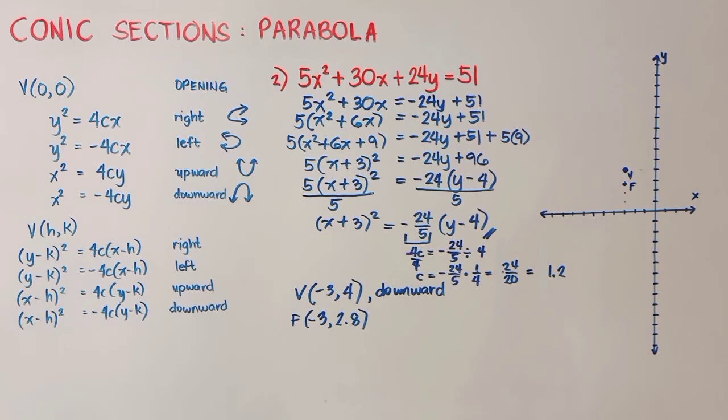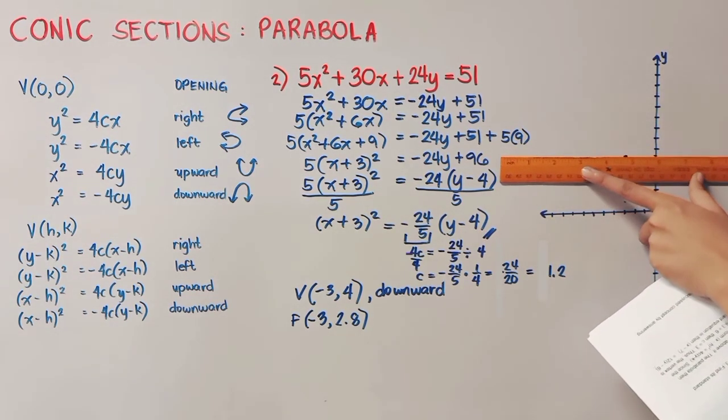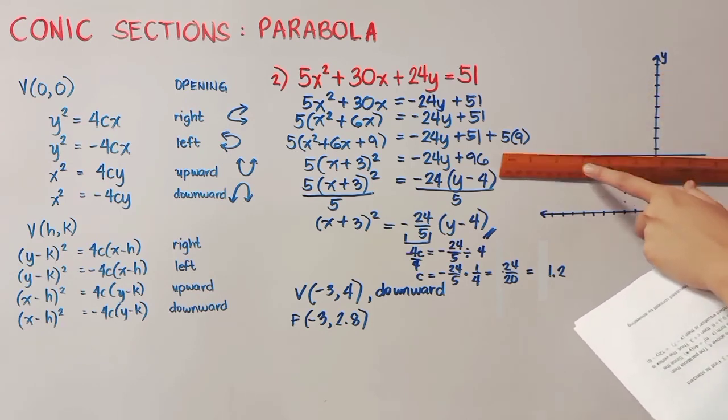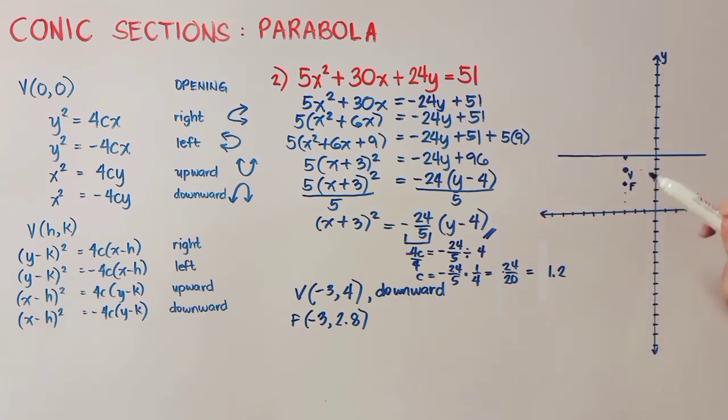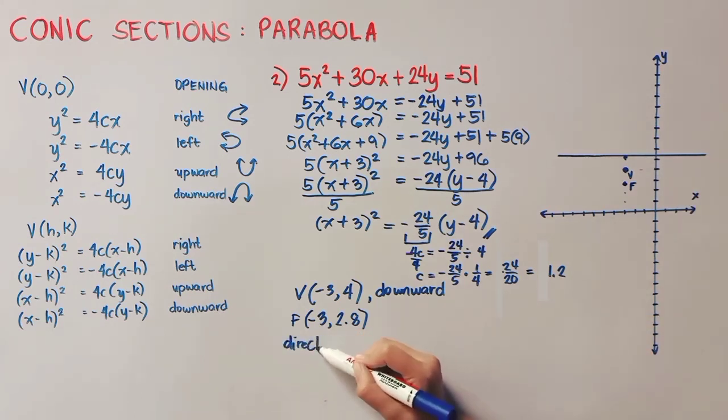Now we will still be using 1.2 to get our directrix. So from the vertex, we have here 1.2. So it is in this point. And then we just have to create a line passing through this point. As you can see, this line here passes through 5.2 in our y-axis.